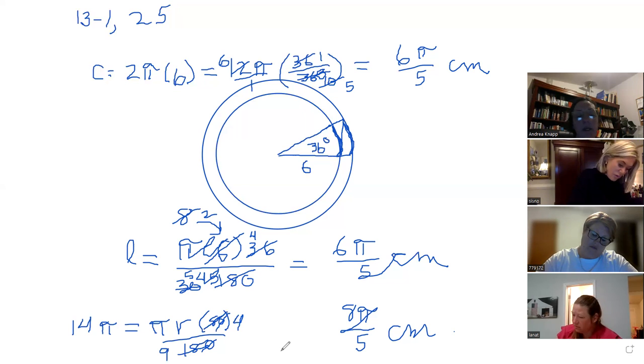All right, and I'd really like to get rid of that 4 pi over 9. So I'm going to multiply both sides times the reciprocal, times 9 over 4 pi on both sides.